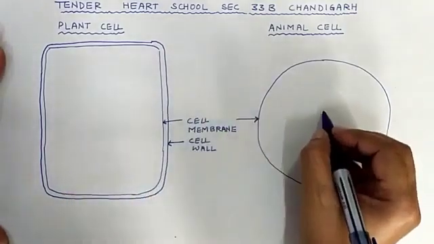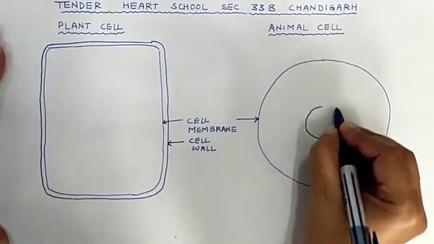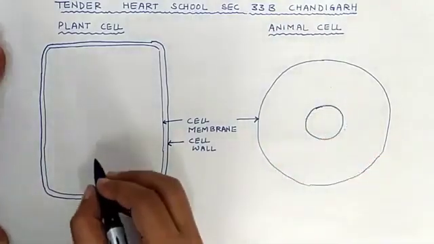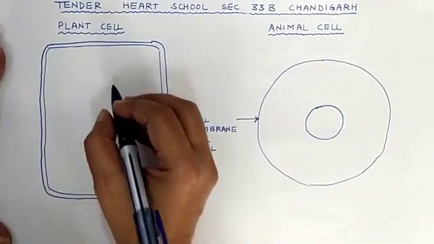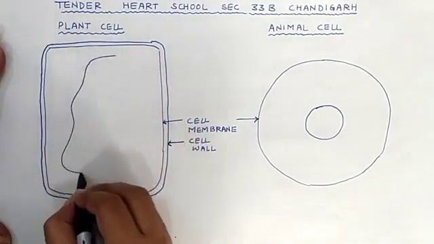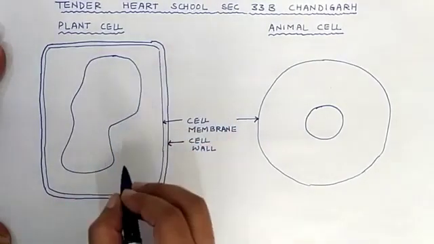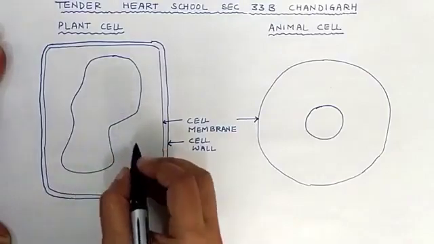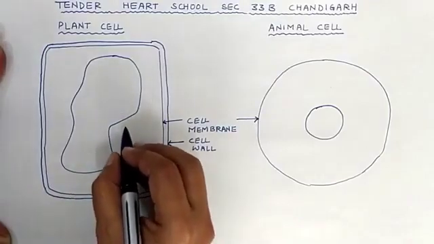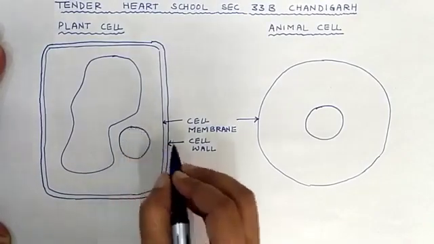In the animal cell, almost in the center we have the nucleus. So this is the nucleus. And in the plant cell, we have a big vacuole present in the center, which is pushing the nucleus to the periphery. So nucleus is not in the center, it is pushed to the periphery. So on one side you can show the nucleus.